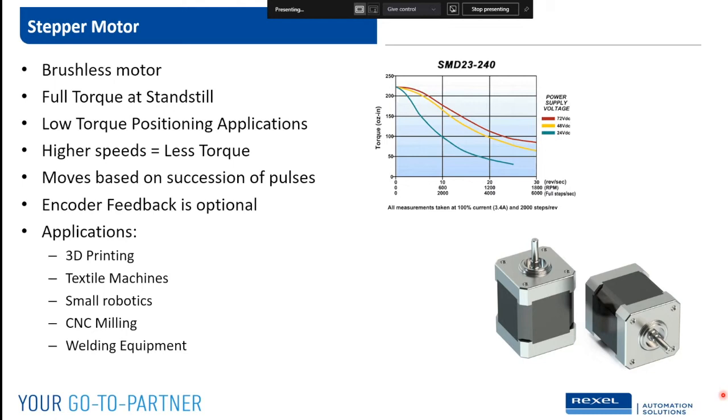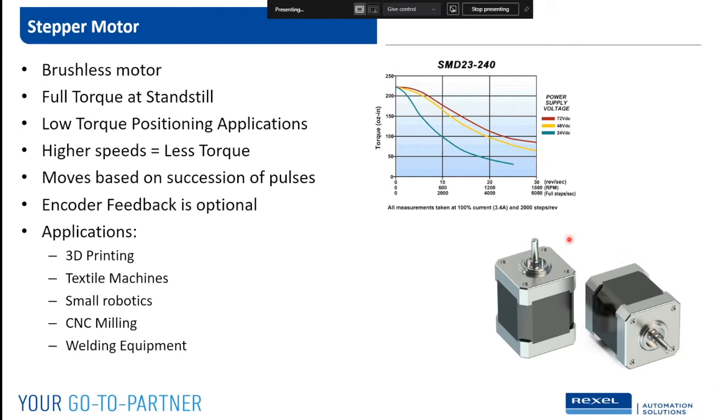It's a brushless motor, and the current to that motor is always constant. So the advantage is you get full torque at standstill, which means you can try to move that motor, and as long as it's not getting any additional pulses, it will stay in its position. Again, designed for low torque positioning applications.